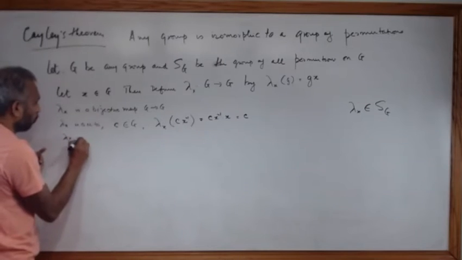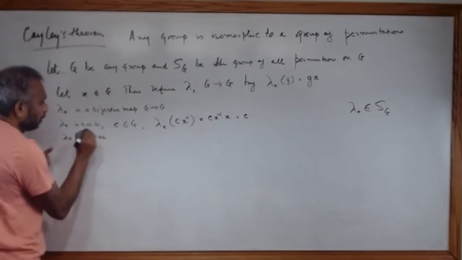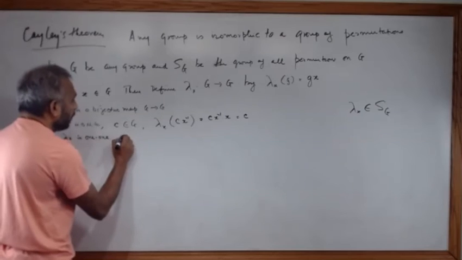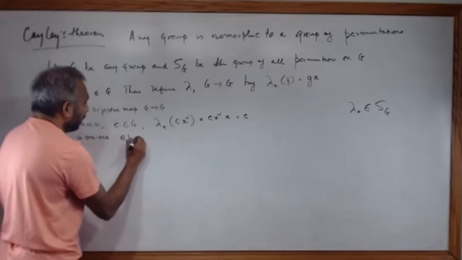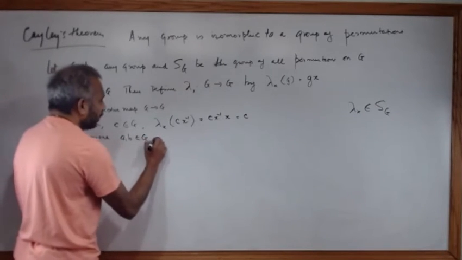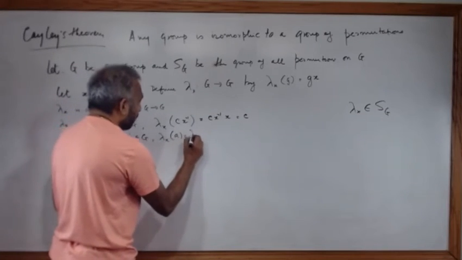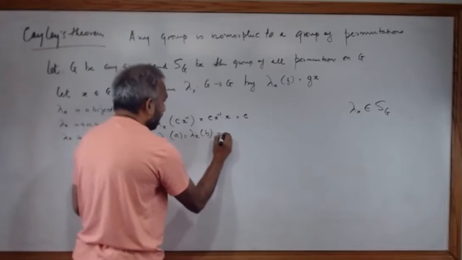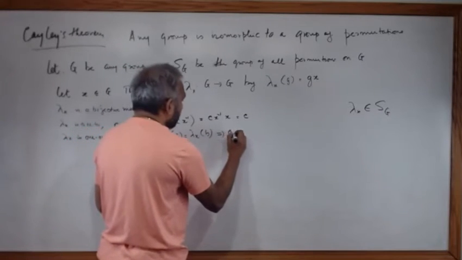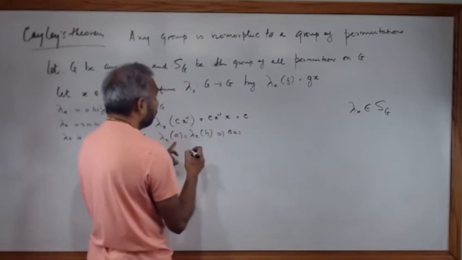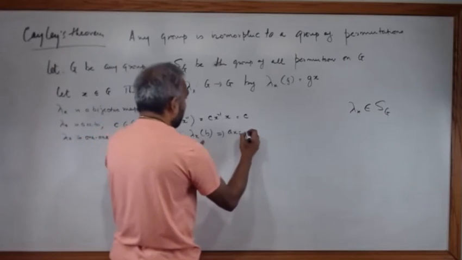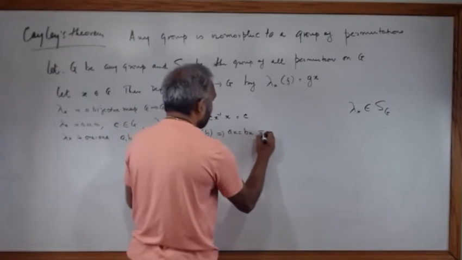Lambda_x is one-to-one, because let's take two elements a, b in G and assume that lambda_x(a) equals lambda_x(b). That implies ax equals bx, and that implies a equals b.